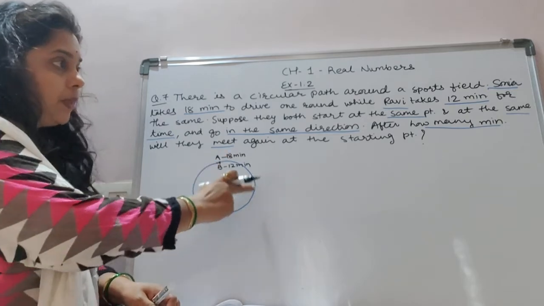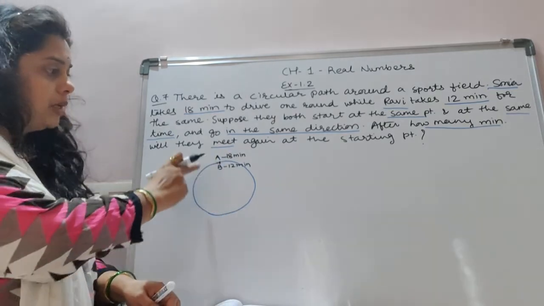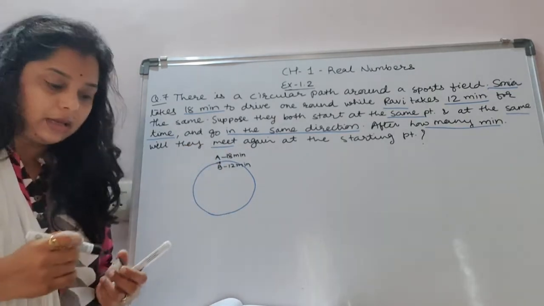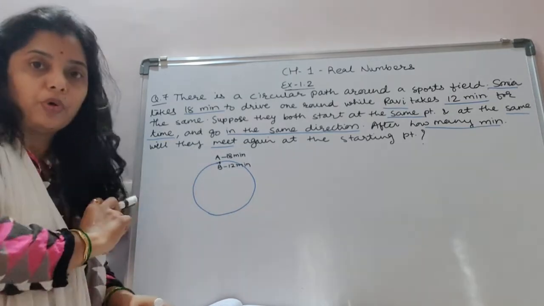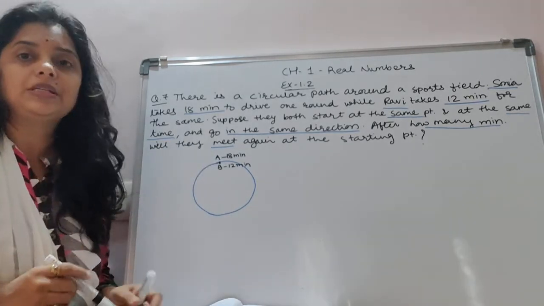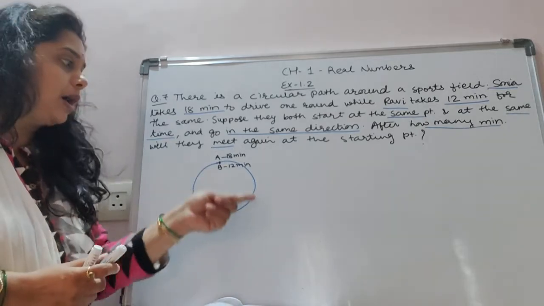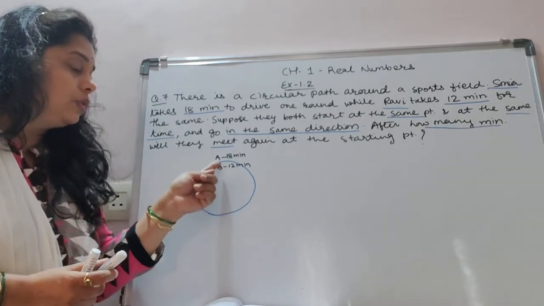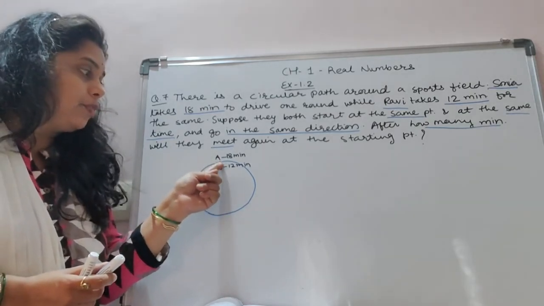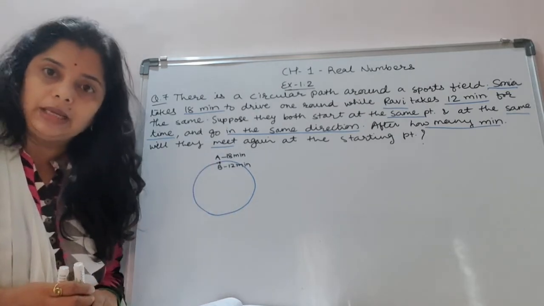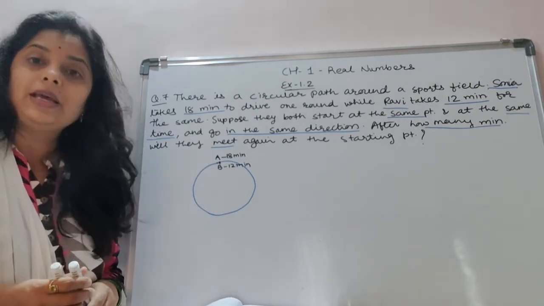So after how long or how many minutes will they meet again at the starting point? This point is the starting point. So we have to find out here the LCM.